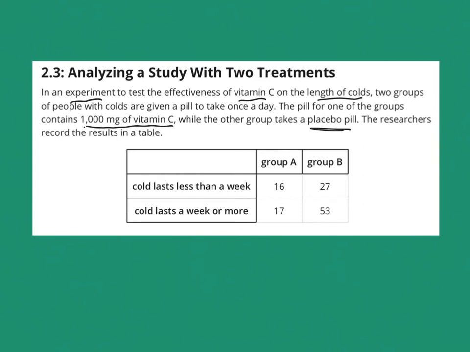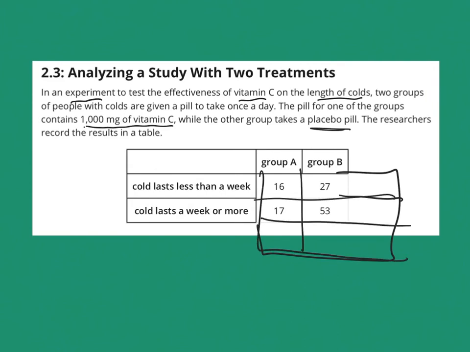Now, you know me, the first thing I like to do is what I refer to as finish the table. We've got 16 plus 17, which adds up to 33.